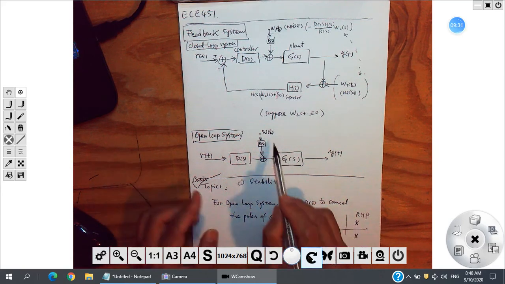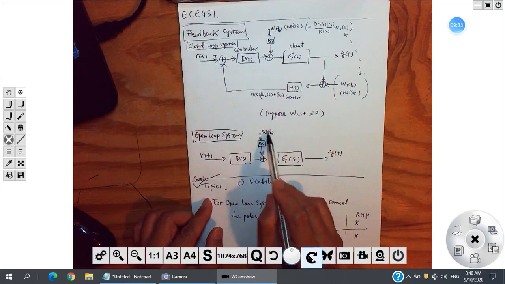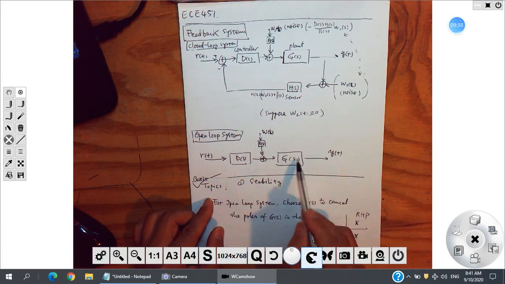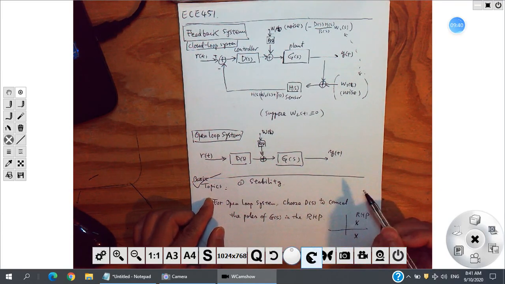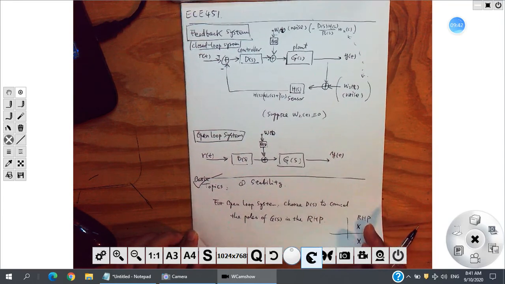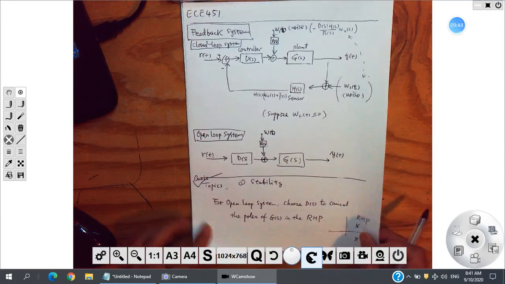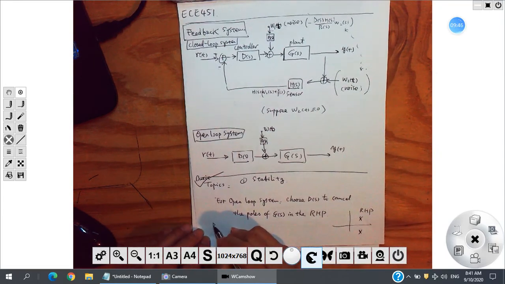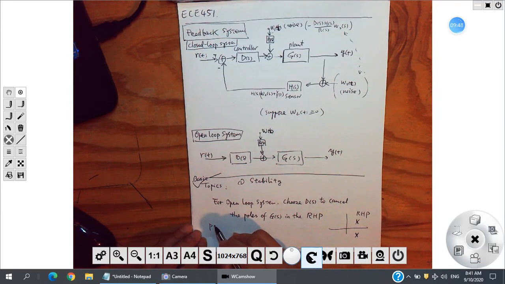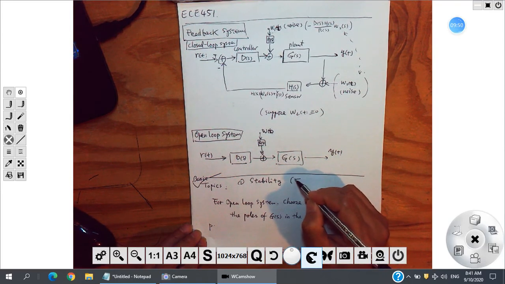So certain kinds of noise can still make the system behave unstably. This is one problem for open loop.